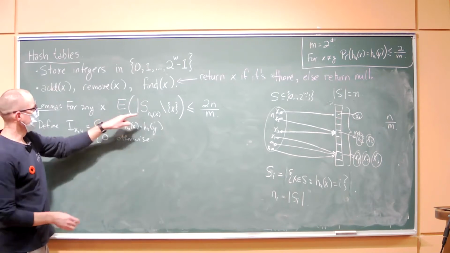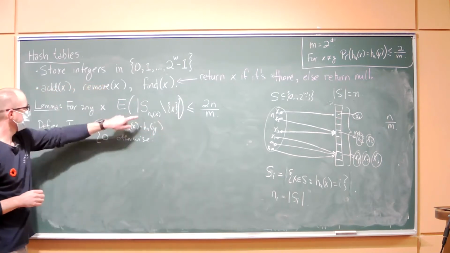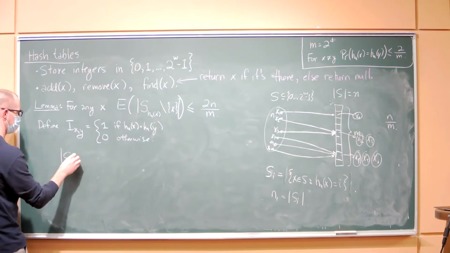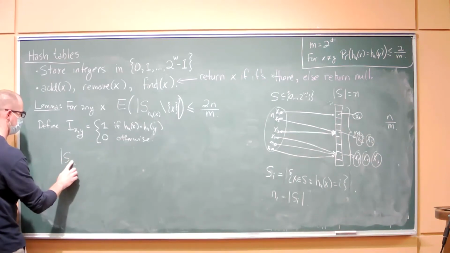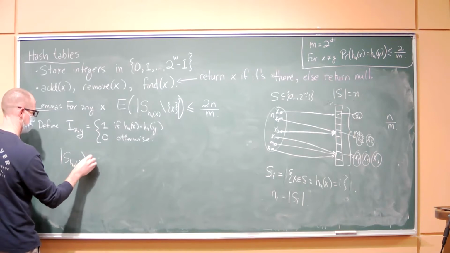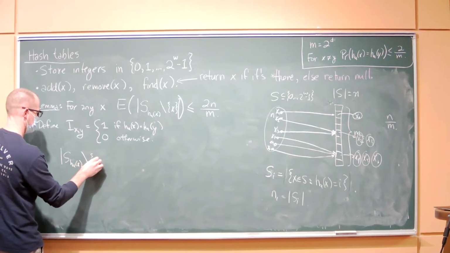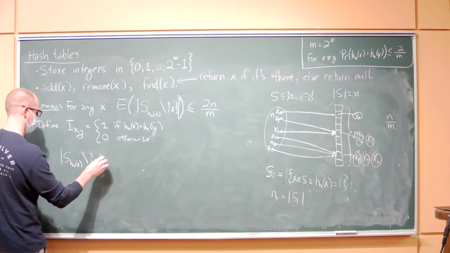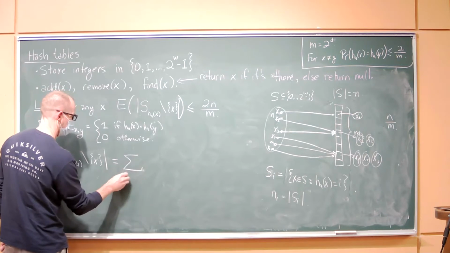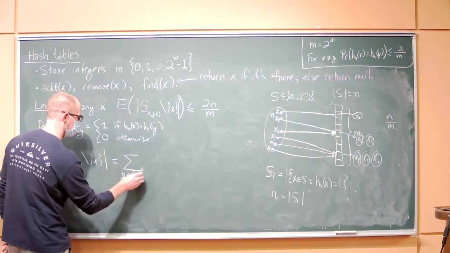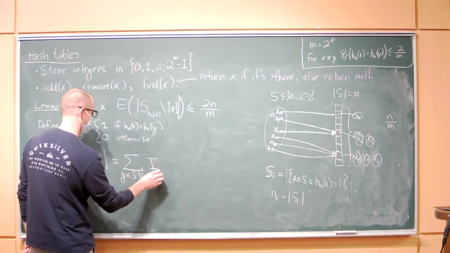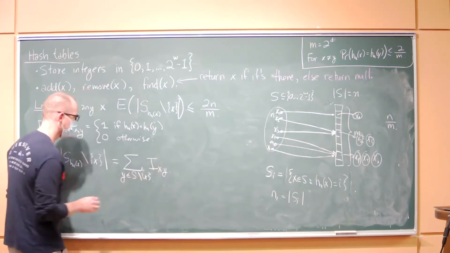Then the size of this set S sub HA of x minus x, that thing is just the sum over all the y in S minus x of this indicator random variable ixy, right?